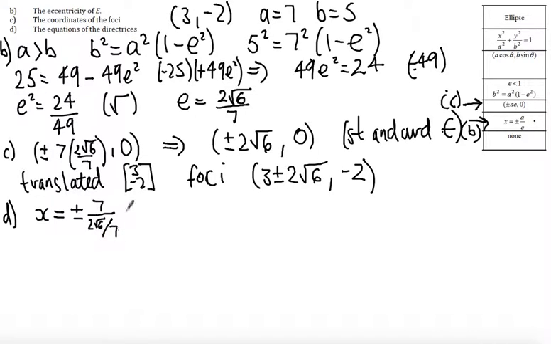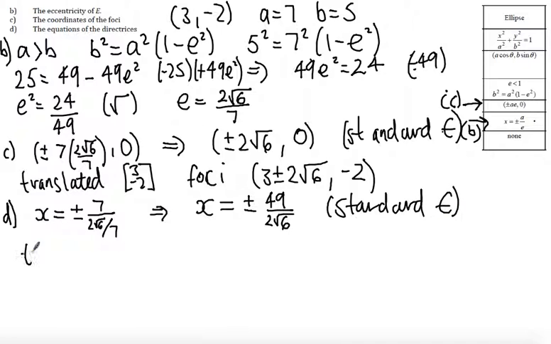So when I flip that fraction upside down and multiply, we get x equals plus or minus 49 over 2 root 6. Now, again, this is for the standard ellipse.